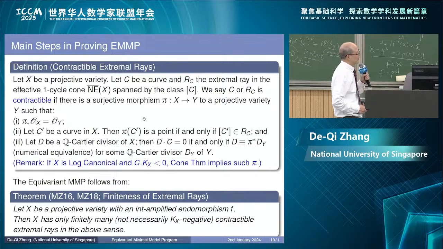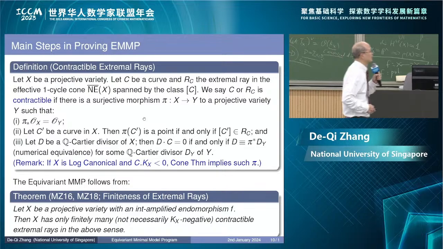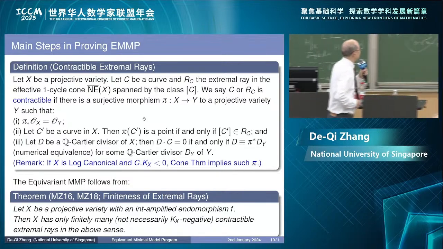So if you iterate F, then F will fix every such contractible curve. Then you can apply the MMP. The minimal model program is determined by the contractible ray, by the contractible curve. So if your curve is fixed by F, then the MMP will be equivariant automatically. Yeah, so that's the theorem.